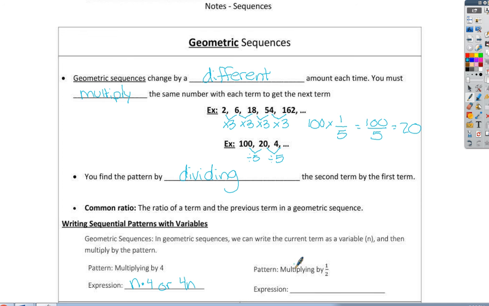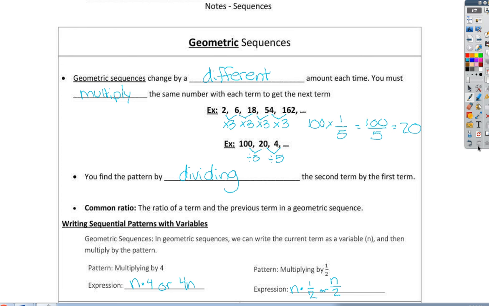Now if we're multiplying by 1/2, we're saying n times 1/2. We can also write it as n over 2, because n times 1 would be n over 2. Either one of those ways would be correct.